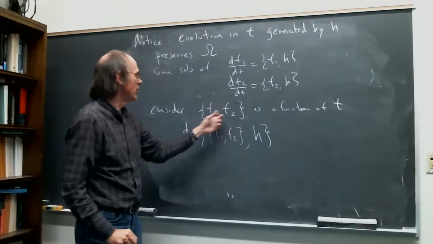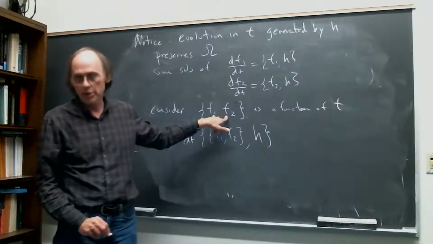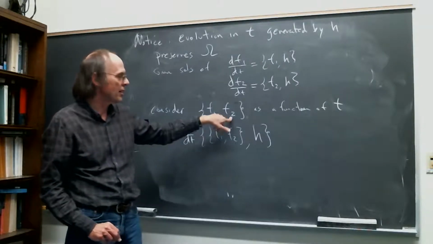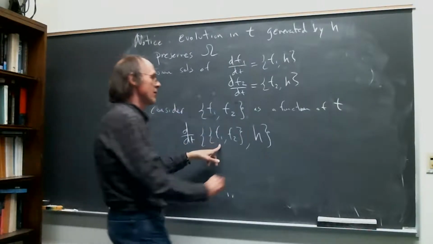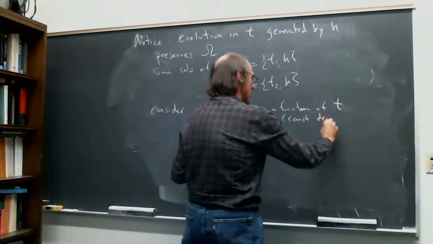But these guys, if you take the Poisson bracket of these two linear functions, you're going to get something which is not a linear function, but which is a constant depending on time.